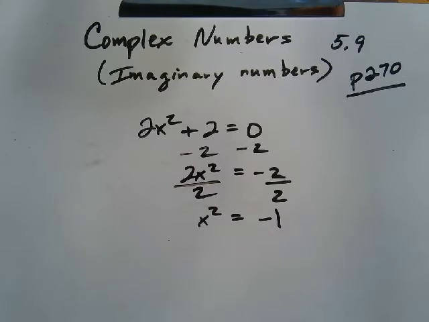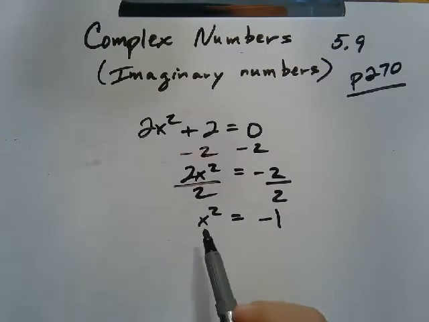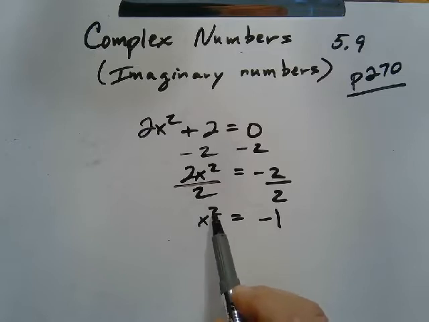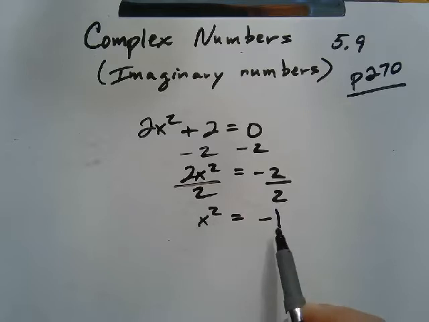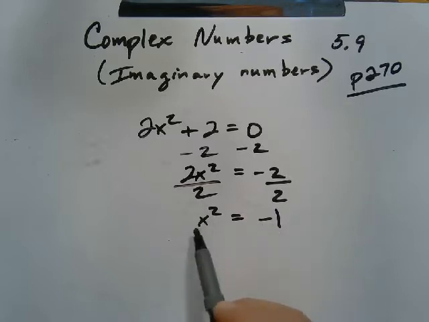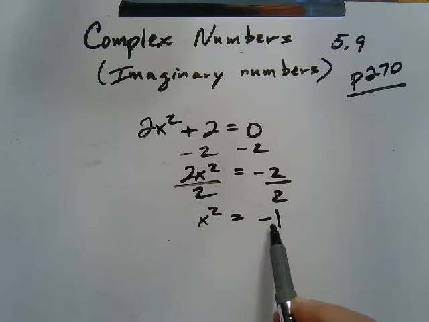Now we could stop here and talk about this for a minute. From what we understand about squaring something, anything we square, whether it's positive or negative, will always end up with a positive answer. So at first glance this problem has no answer.